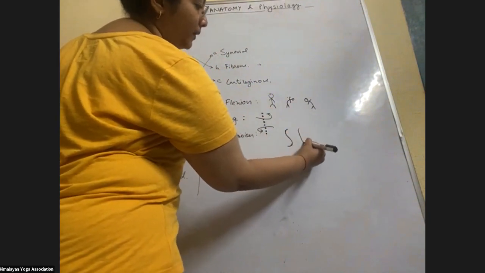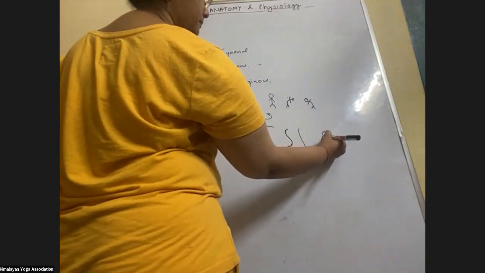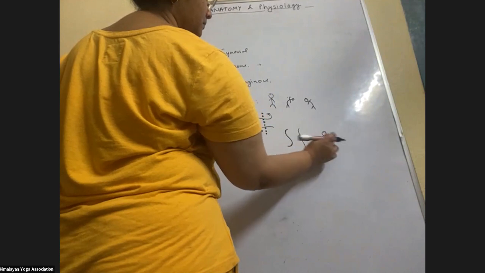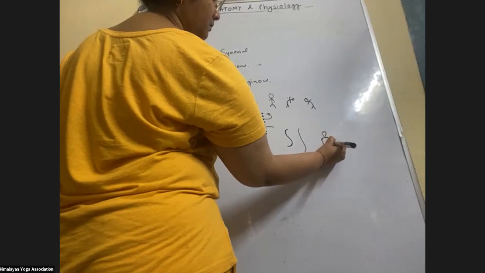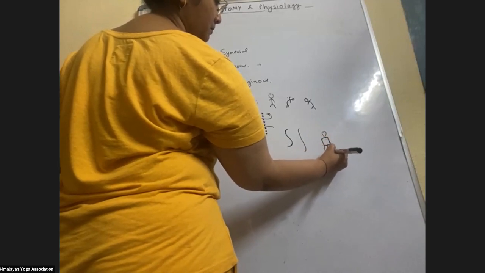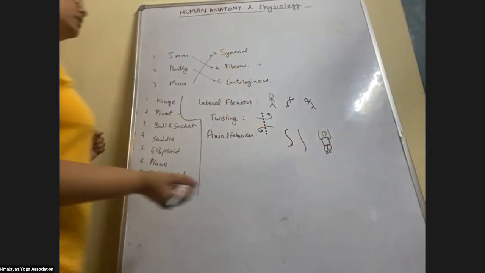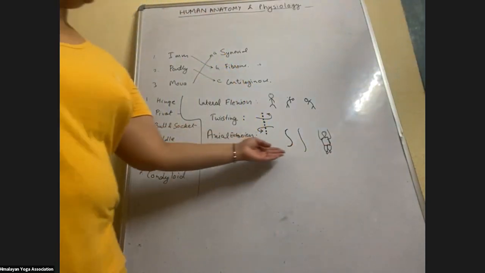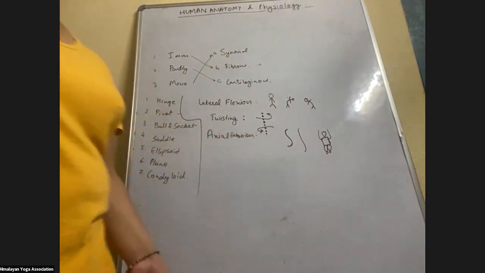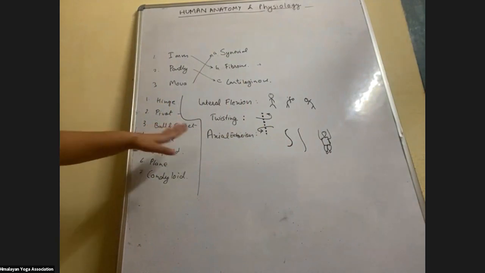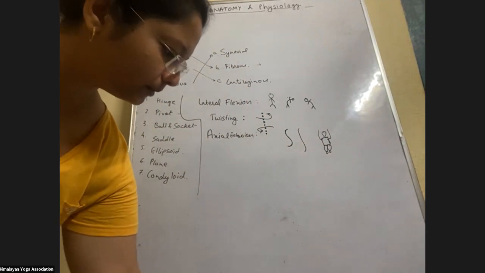We are trying to elongate the spinal cord, like in Tadasana. That is axial extension. I hope this is clear.